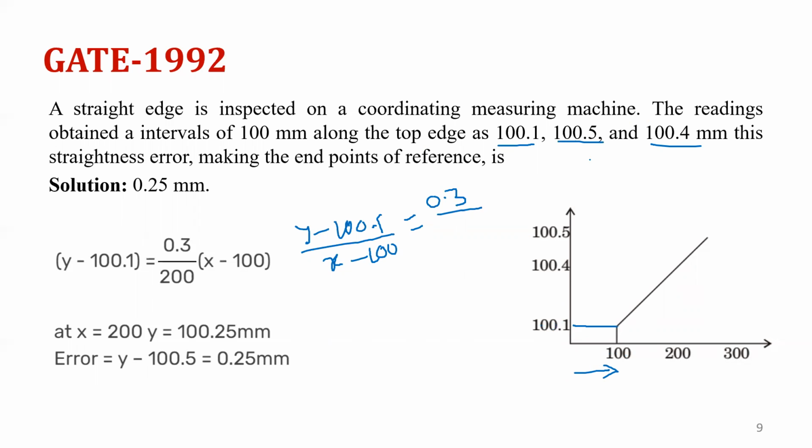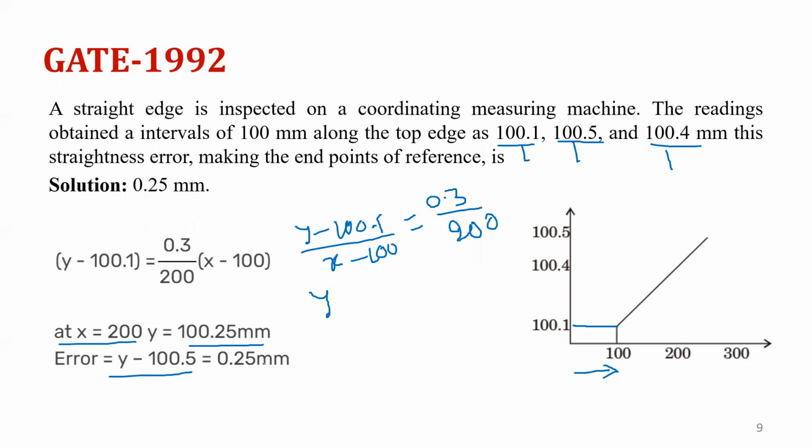So what is the end readings difference? 0.3. So this is 100 and this is 100. Total is 200. Therefore, we can obtain the y relation. If you substitute x is equal to 200, you will get y is equal to 100.25.